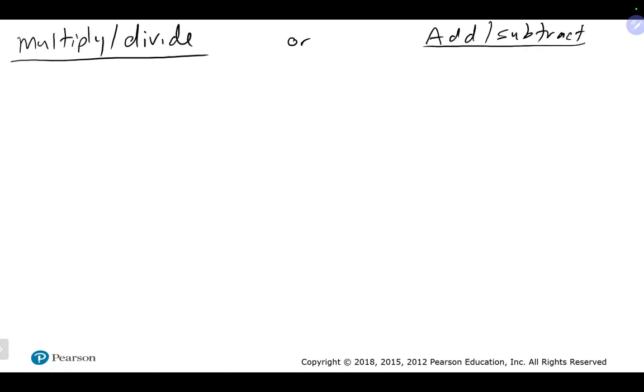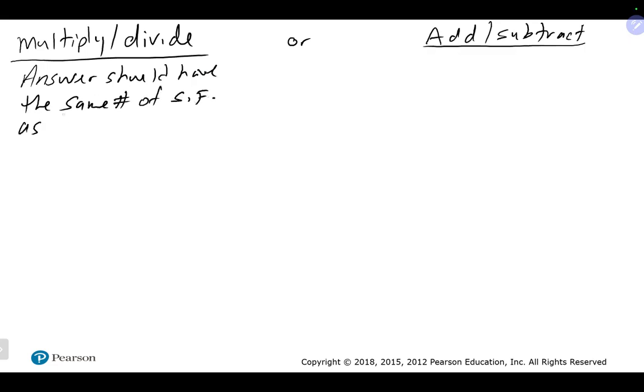When we multiply and divide, the answer should have the same number of significant figures as the number with the least number of sig figs.